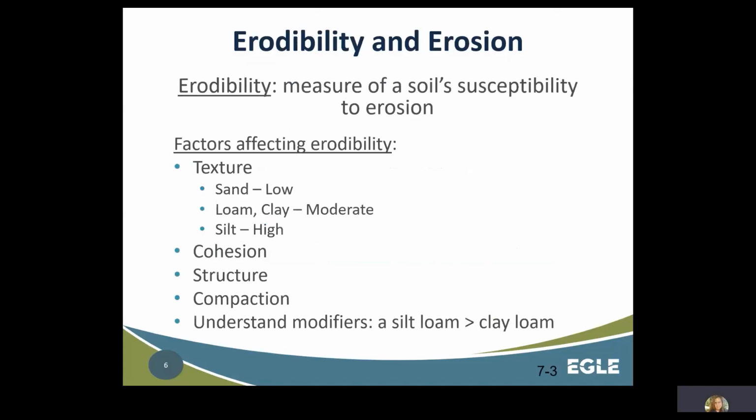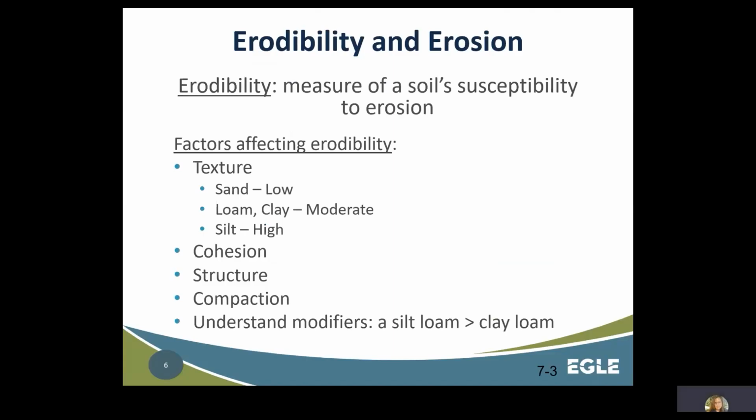Erodibility is a measure of a soil's susceptibility to raindrop impact, runoff, and other erosive force. Soil texture is one of the major factors which determine the erodibility of a certain soil. Factors such as cohesion, structure, and compaction can also affect erodibility, even in soils with similar textures.